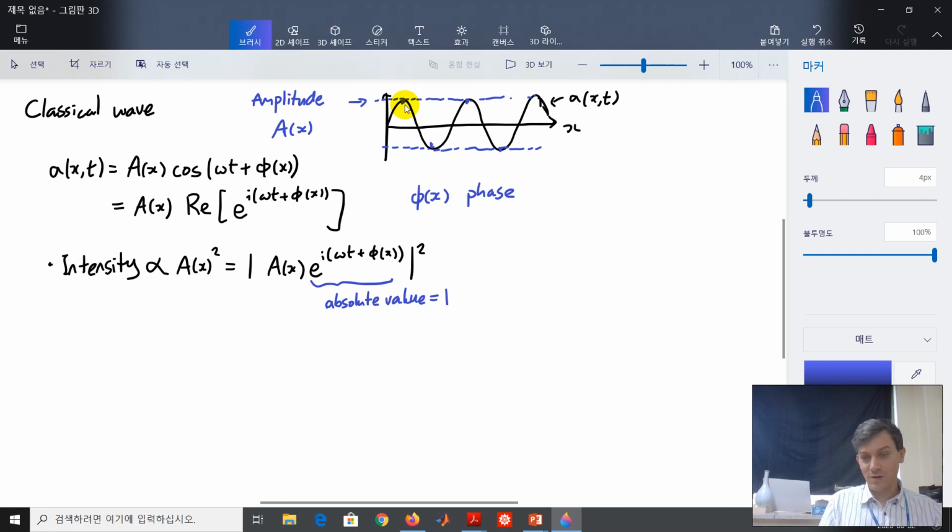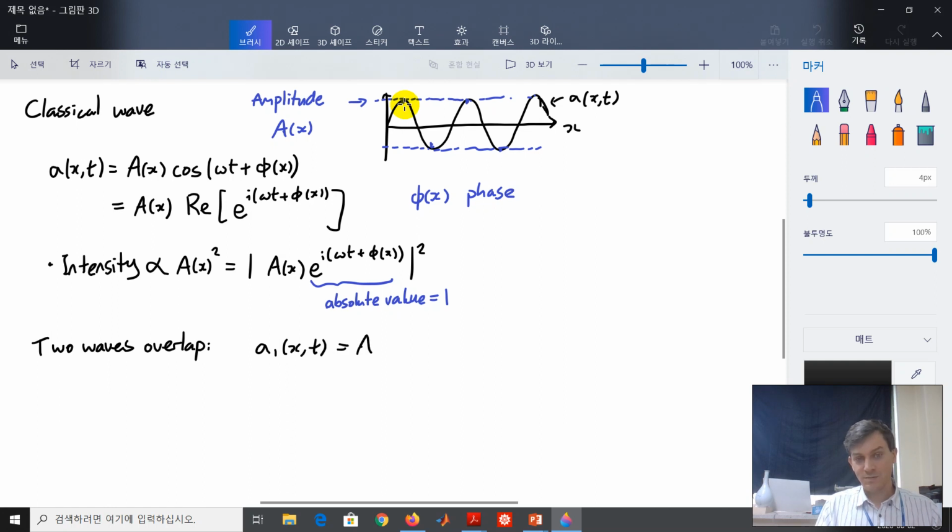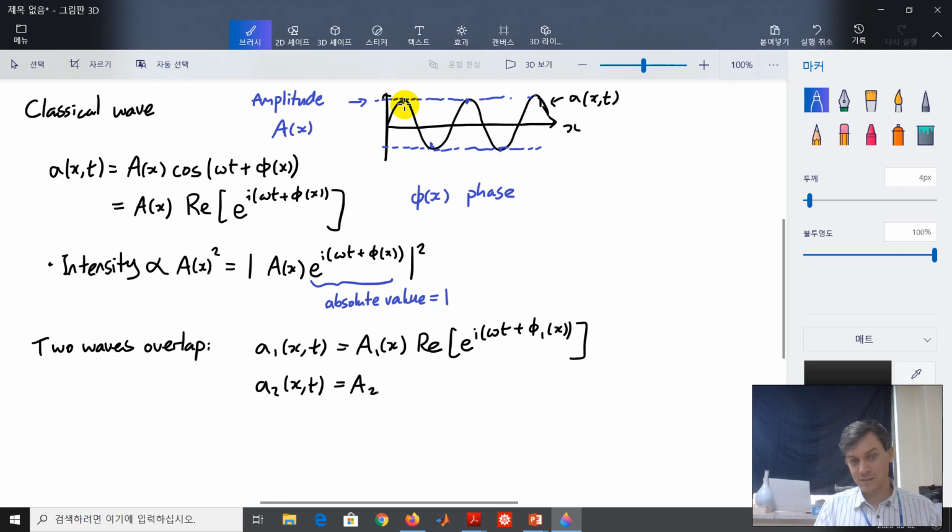Now, if we consider what happens when two waves overlap, we have a first wave described by a1(x,t), which I'm going to write as a1(x) times, again, the real part of e to the i(omega t plus phi1(x)), and a second wave, a2(x,t), which has a different amplitude times the real part of a function that looks like this.